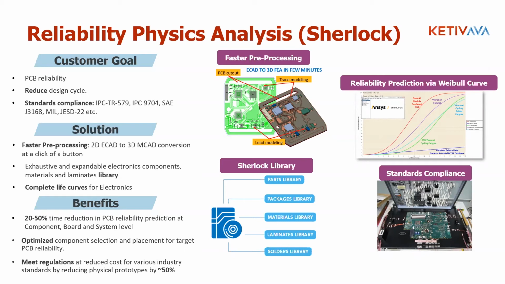There's a number of different ways to improve component reliability, and build up to what is the lifetime of the board, and take a look at that prior to building the board using Weibull curves, and then look at standards compliance as well. Will it meet these standards? And do that at the component level, the board level, or the system level.